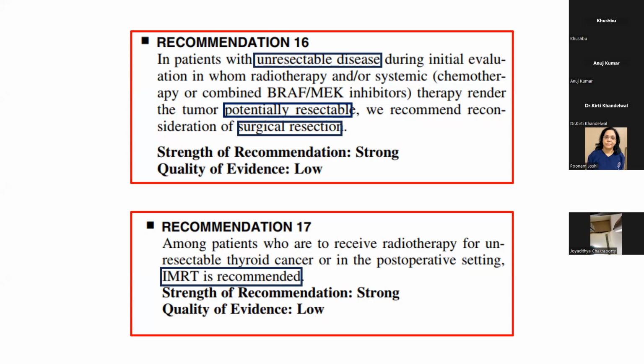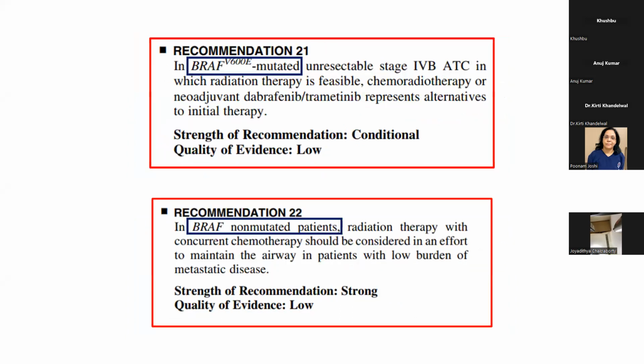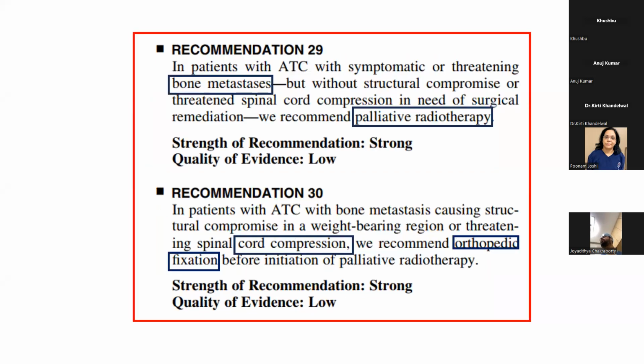And if it is not resectable, then whether you are treating after a resection or not, IMRT is the recommended modality of treatment. They have also explained the recommendations given in the table, depending on whether there is a targetable mutation or not. So this sums up the ATA 2021 guidelines for thyroid cancer in terms of local disease treatment.